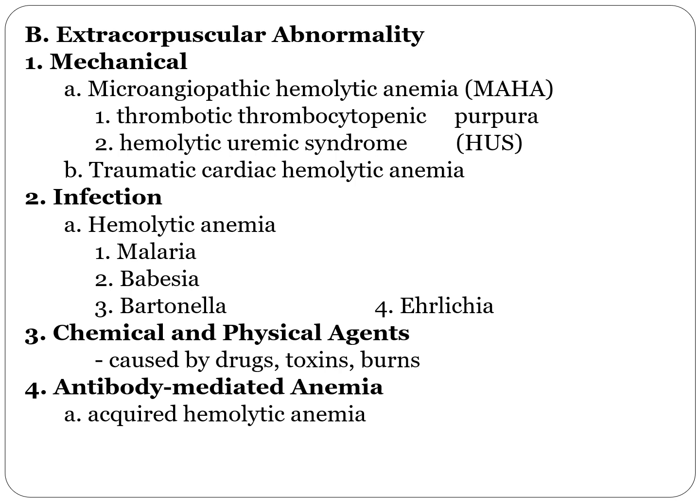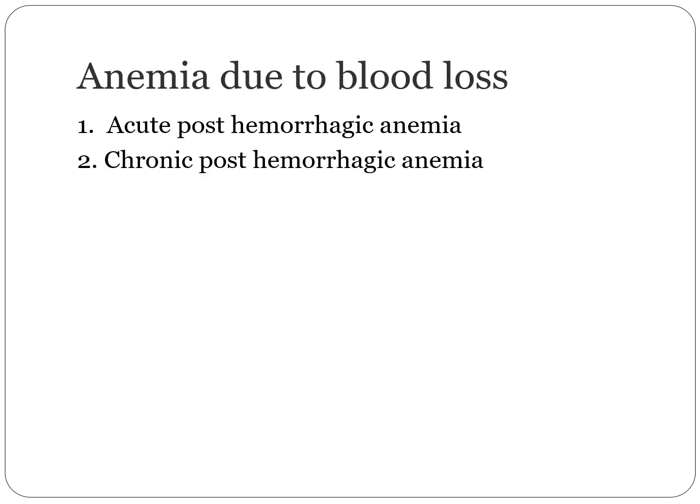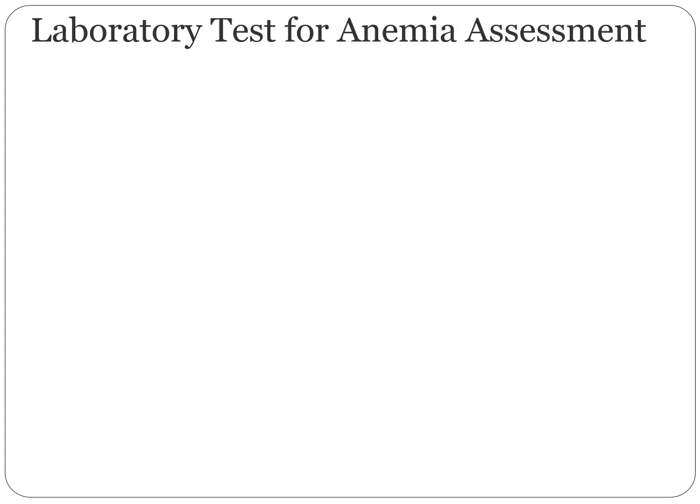Chemical and physical agents caused by drugs, toxin, and burns. And we have also the AMA, or the antibody-mediated anemia. Okay, so under that we have the acquired hemolytic anemia due to blood loss, acute post-hemorrhagic anemia, and we have also the chronic post-hemorrhagic anemia.